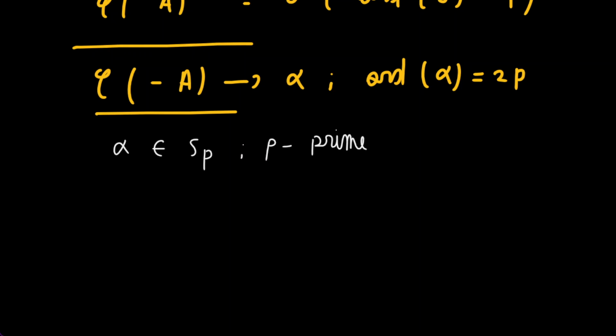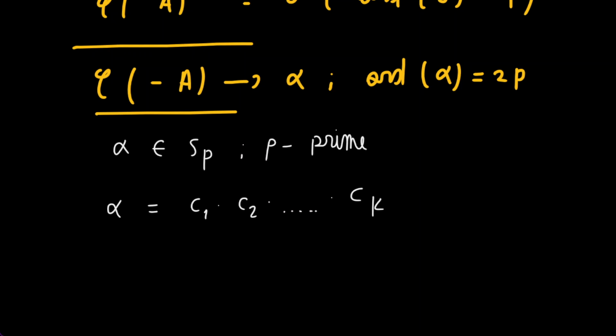Well, such a permutation doesn't exist, because by the theory, alpha is a product of disjoint cycles.